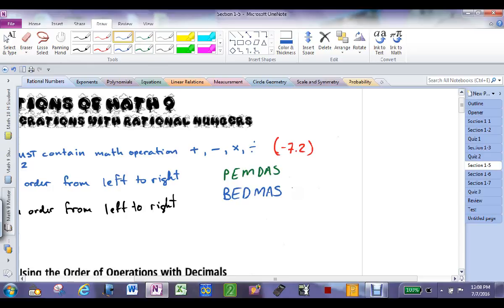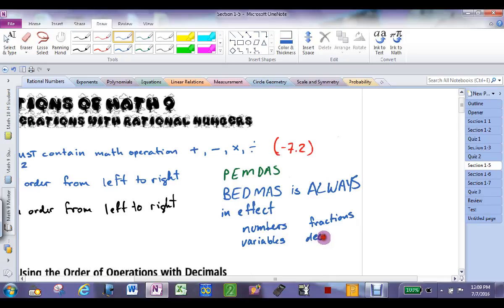And this is key. This is what kids always forget. BEDMAS is always in effect. What do I mean by that? If it's all numbers, BEDMAS rules apply. If there's variables, BEDMAS rules apply. If there's fractions, BEDMAS rules apply.